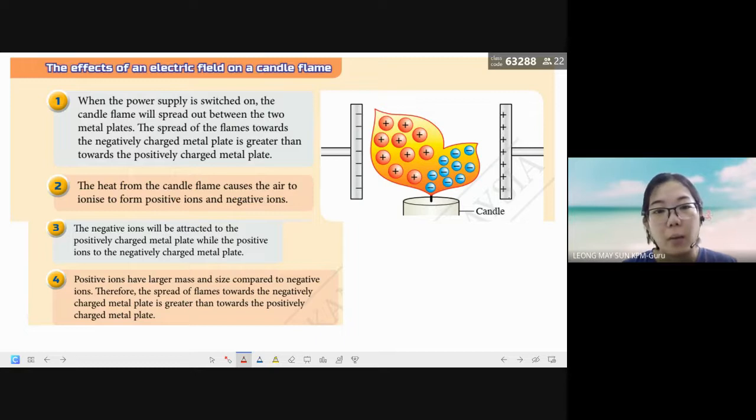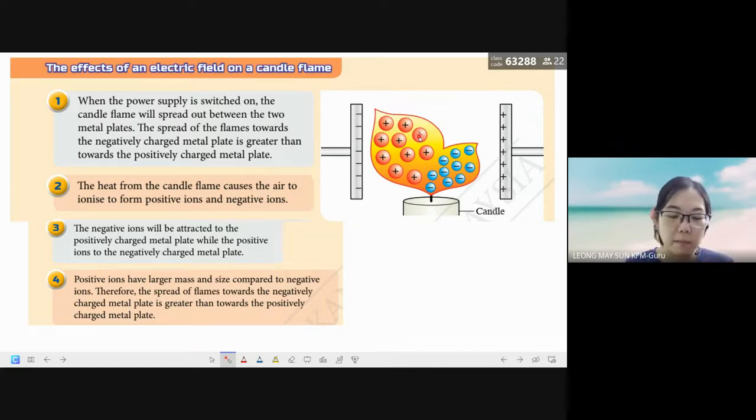Now, what I want to mention is, when the power supply is switched on, the candle flame will spread out between the two metal plates. The spread of the flame will be towards the negative plate. Reason why? Because when we talk about atoms, the positive charge is in the nucleus itself.